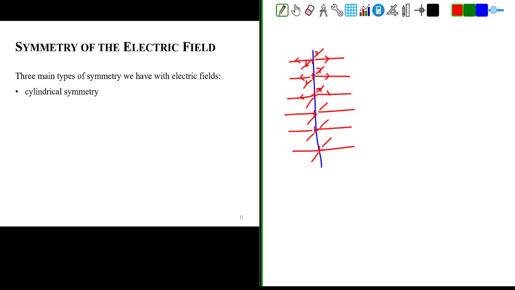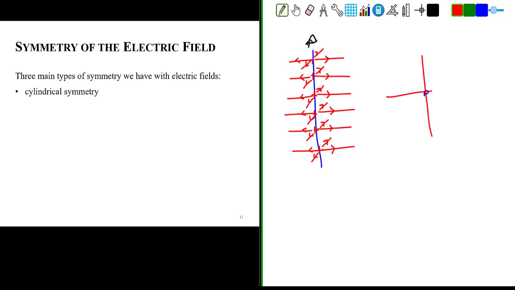So what I'm attempting to sketch here is just a three-dimensional perspective of this electric field that has cylindrical symmetry. But let's take a vantage point in which we are looking straight down on this line of charge. As we are looking straight down on that line of charge, it is going to look like a dot.